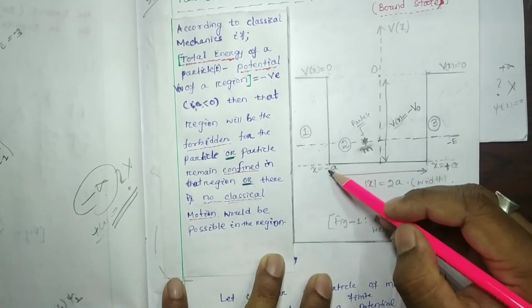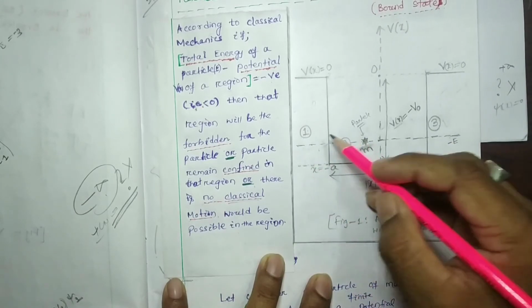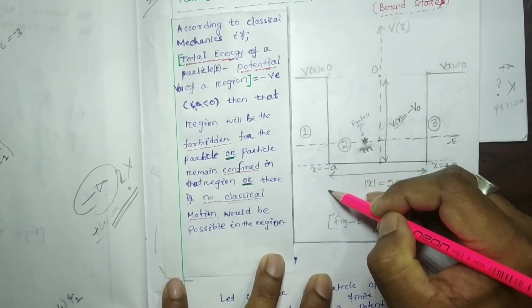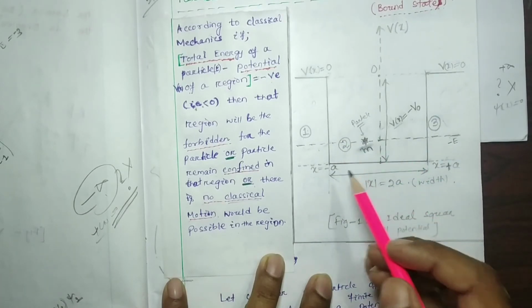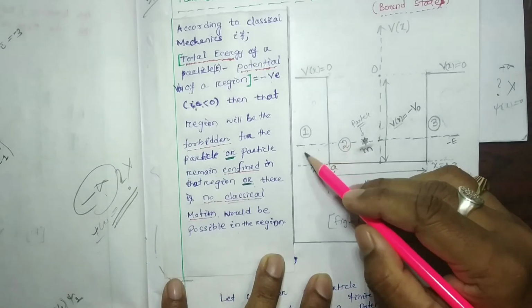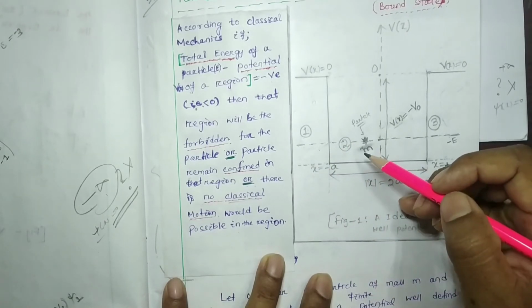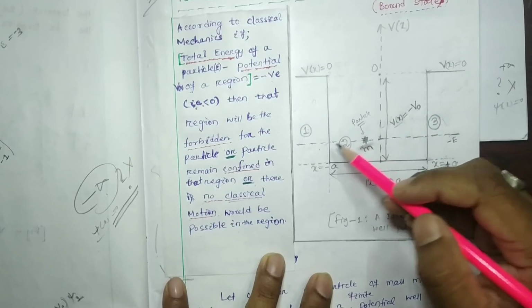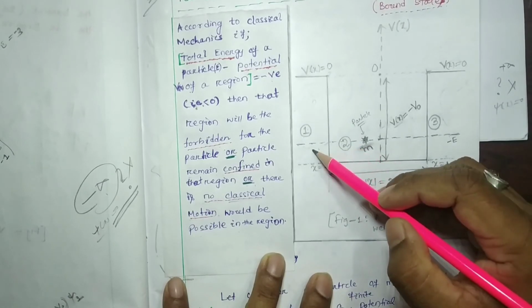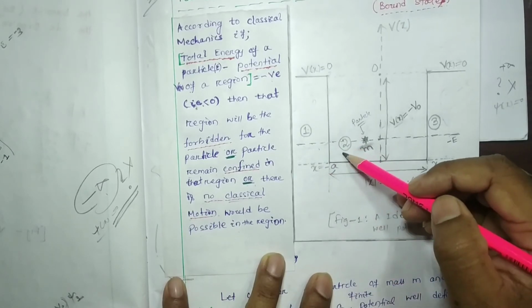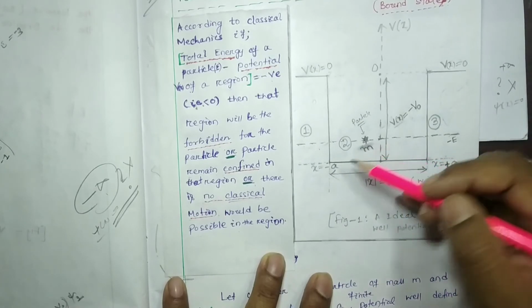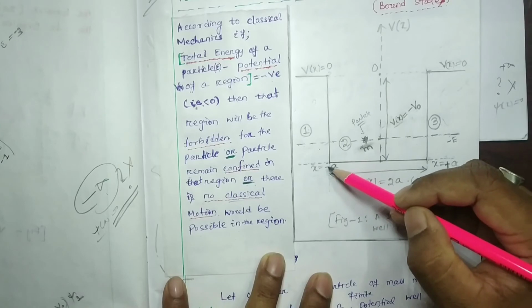So exactly at this boundary, this wave function and this wave function will be equal, and it is also continuous. That means the first derivative of this wave function and the first derivative of this wave function are going to be equal exactly at minus a.